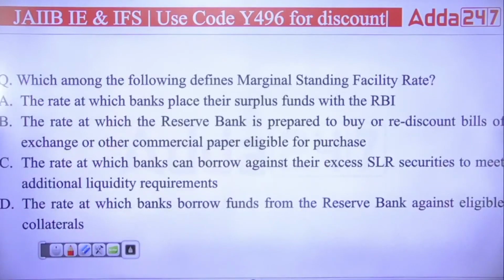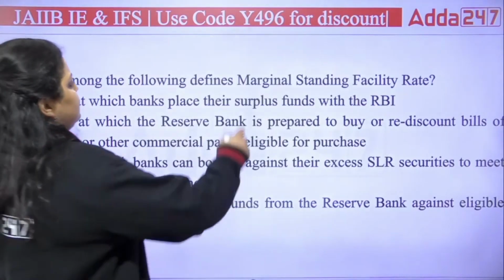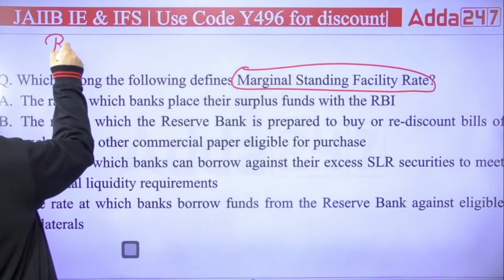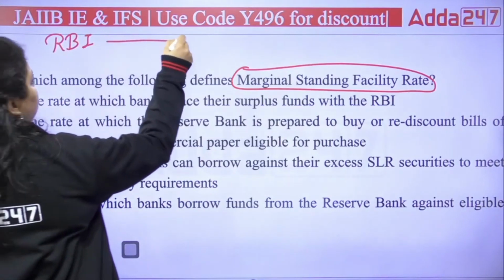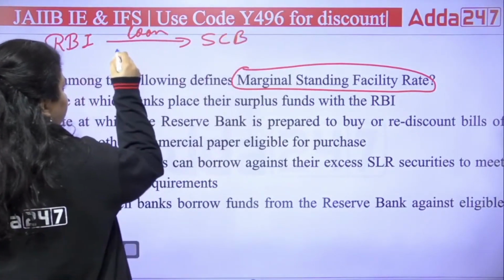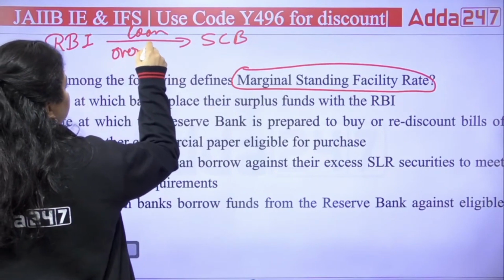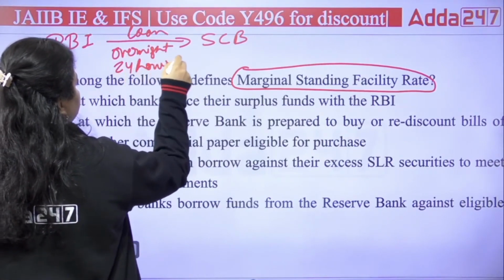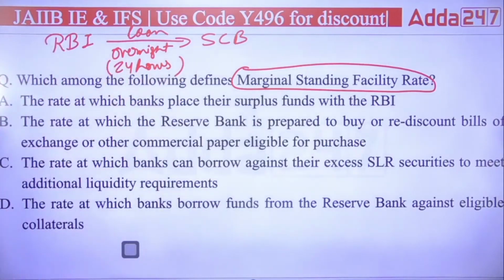Next question we have: which among the following defines the marginal standing facility rate? So first of all, in MSF, RBI provides loans to scheduled commercial banks for overnight duration. Overnight means 24 hours. So RBI gives a loan to scheduled commercial banks for 24 hours.